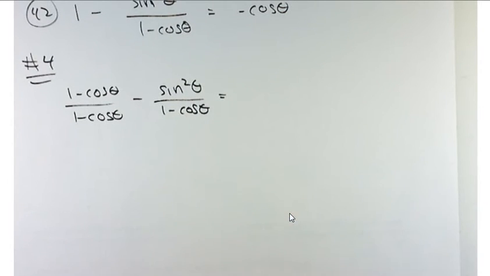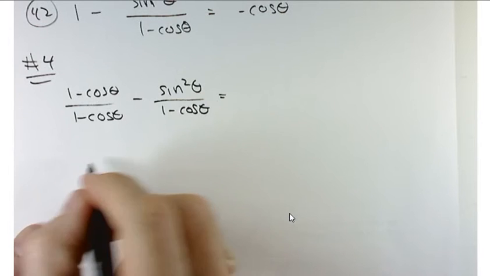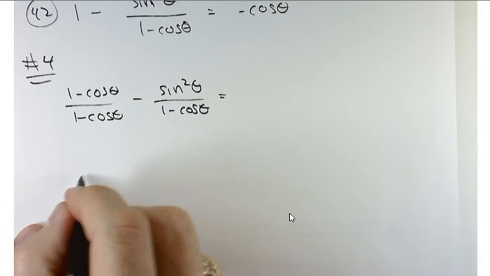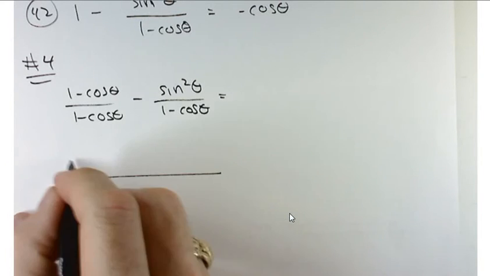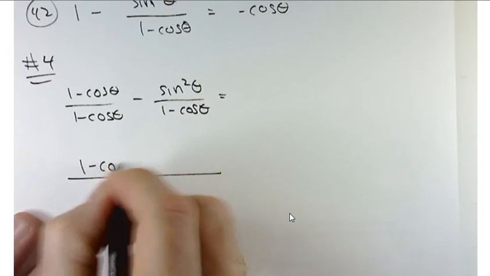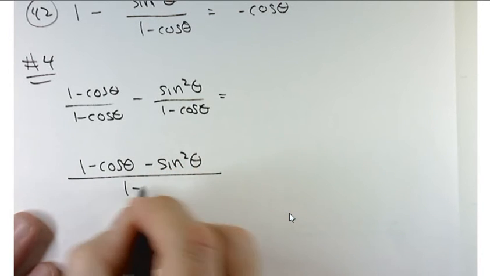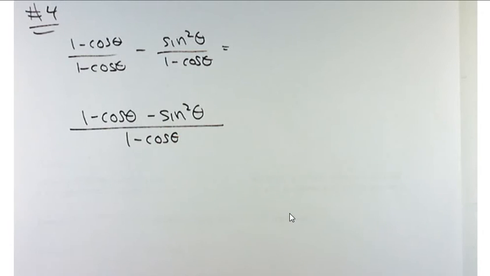Did that get me anywhere? A little bit. Go ahead. Okay. So let me bring this together in one numerator first. 1 minus cosine of theta minus sine squared of theta over 1 minus cosine of theta. And you're right. Let's get rid of sine squared of theta. Why are we getting rid of sine squared of theta?